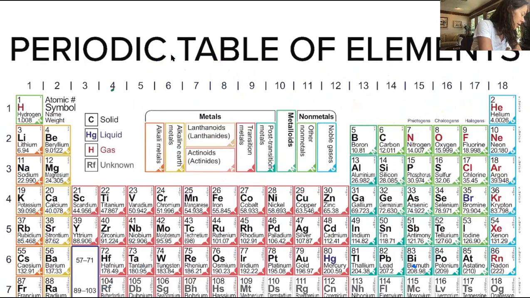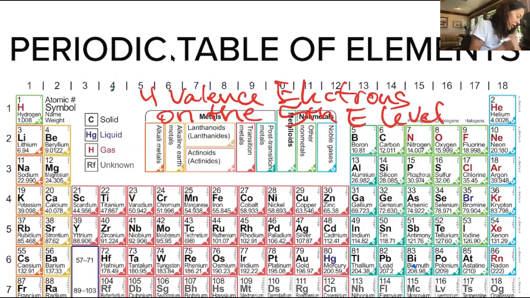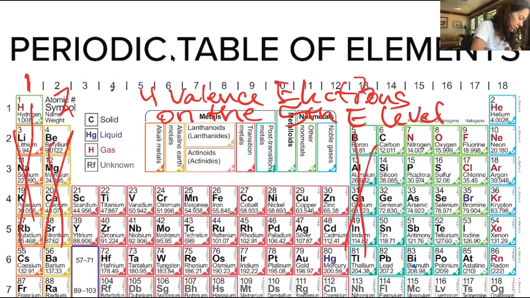What element has 4 valence electrons on the 5th energy level? You'd go, okay, well, 4 valence. Everyone here has 1. Everyone here has 2. Everyone here has 3 valence, 4 valence.